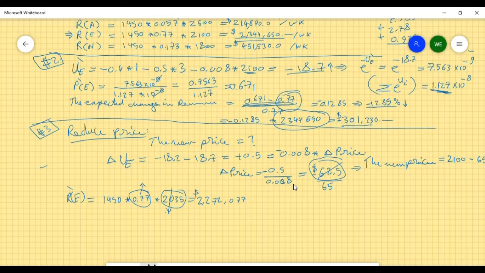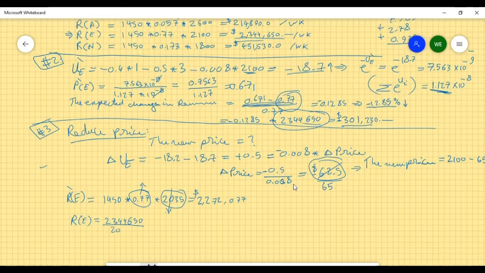Let's go to this revenue. So the original revenue of Eastern Airline is 2,344,650, and now the price is 2000.